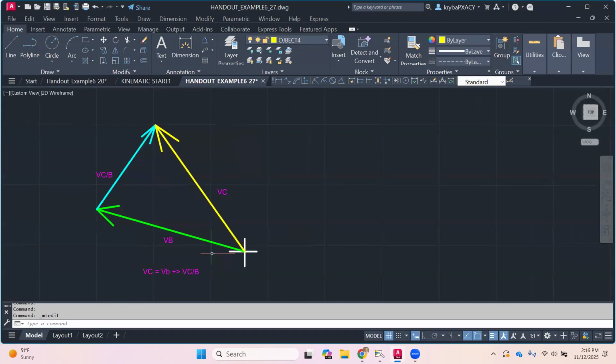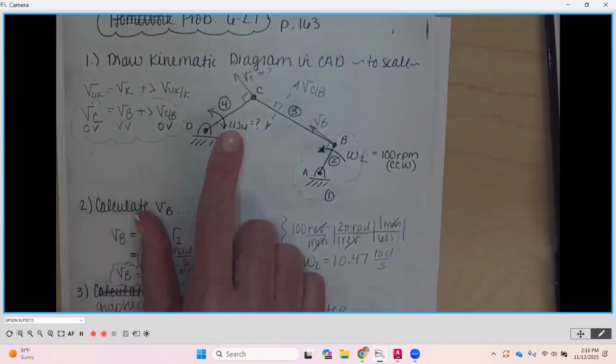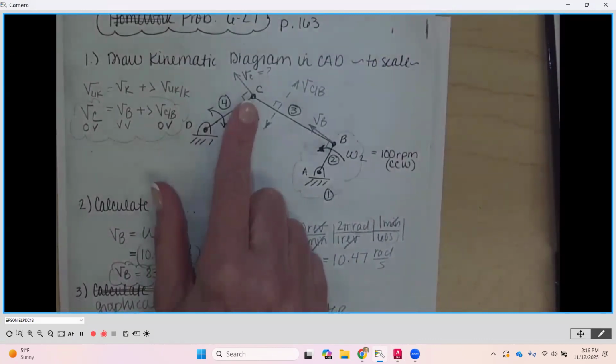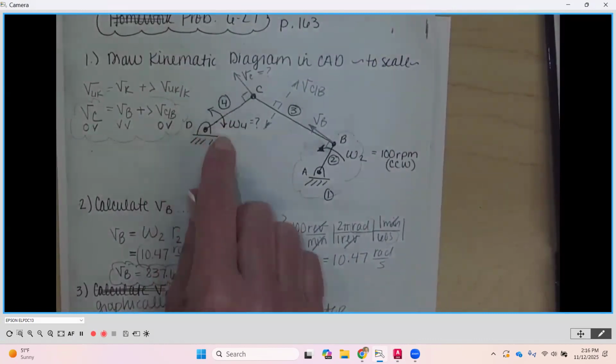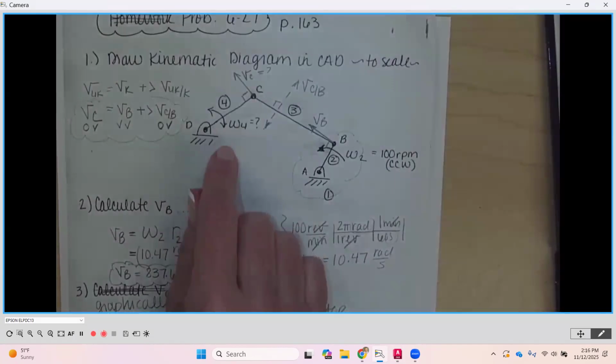Now, the vector I'm most interested in is the velocity of C. The reason is that ultimately I need to find out what W4 is. The velocity of C is on the endpoint of link 4. So once I know what the velocity of C is, it'll help me to then calculate W4.